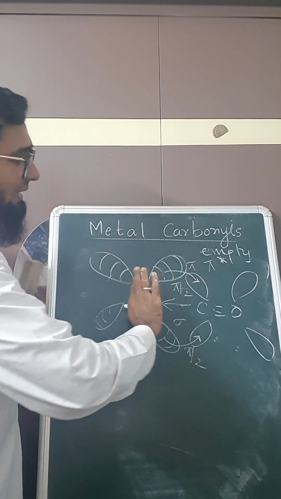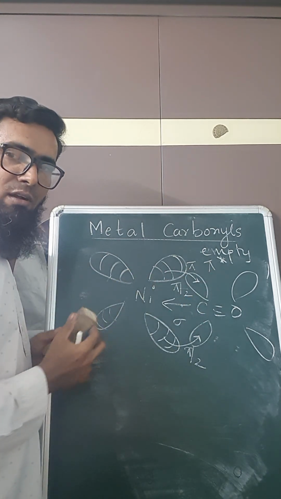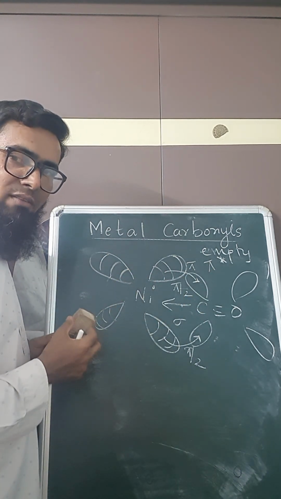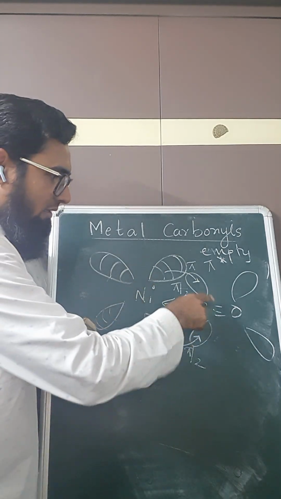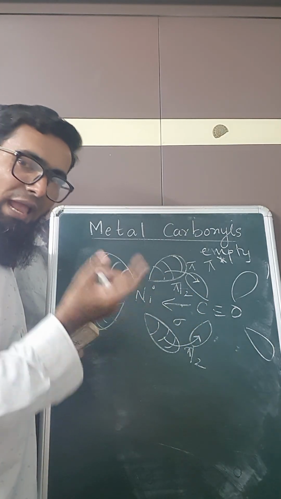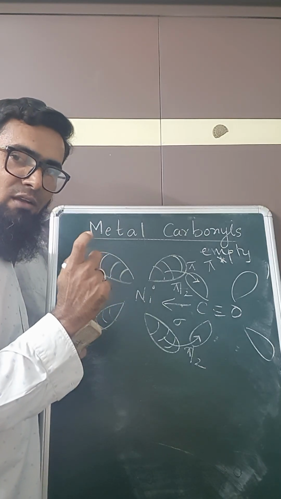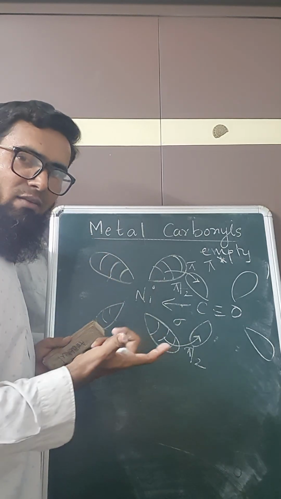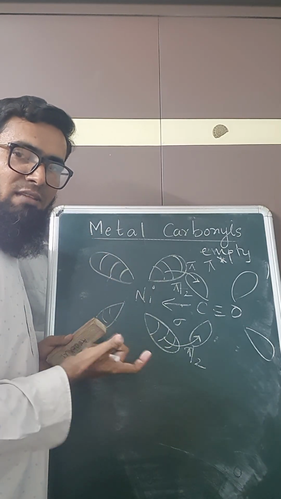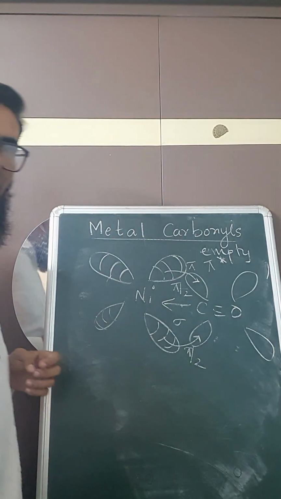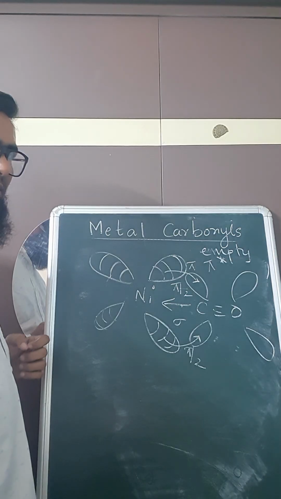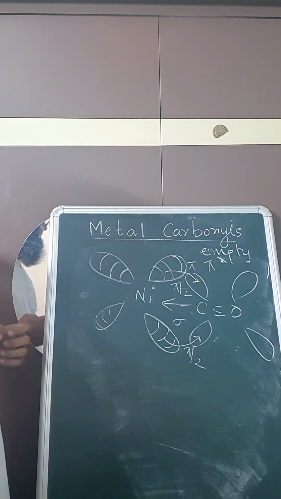Now, because nickel has pushed electrons into the empty pi orbitals, the anti-bonding molecular orbitals of CO, this CO is becoming unstable. Actually, a free CO molecule is stable. When it is not bonded to any central metal atom, it is stable, because its bond order is 3.0, right?